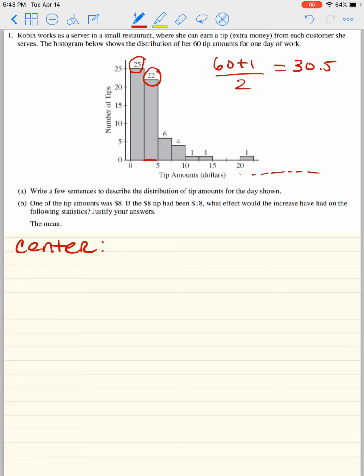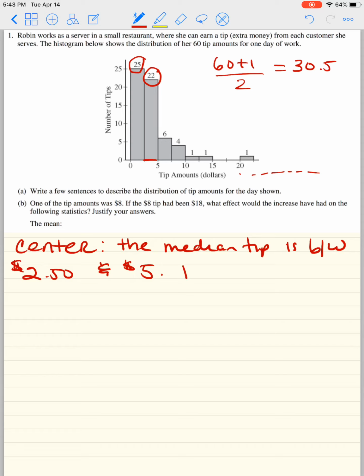So the center is the median tip. Remember everything in context. The median tip is between $2.50 and $5.